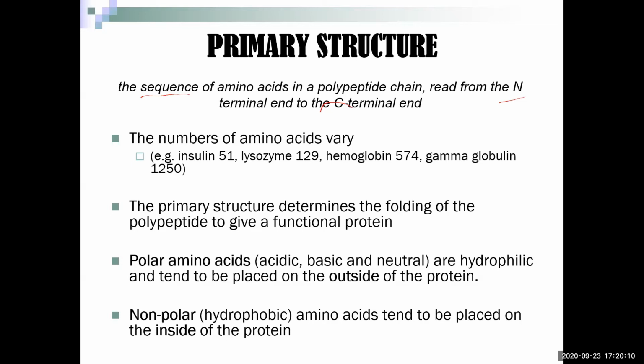Then we have the non-polar. And the polar amino acids are hydrophilic again. So they are mostly placed on the outside of the protein, while yung mga non-polar naman na mga amino acids tend to be placed on the inside of the protein para makaiwas sila sa presence of water.